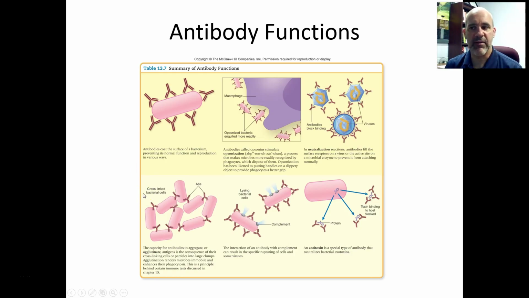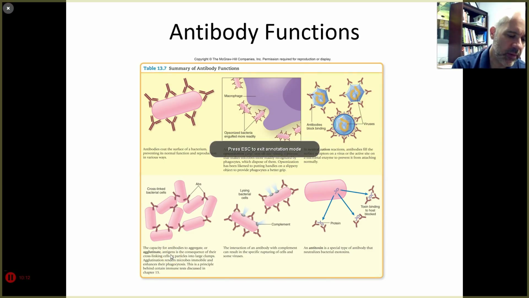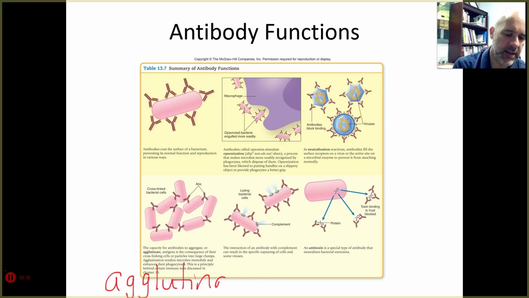So that winds up making phagocytosis more efficient. You can get rid of more of those all at the same time. That is called agglutination. Let me write that down. Of course, that term is in your textbook, but I'll go ahead and write that down now. Agglutination.